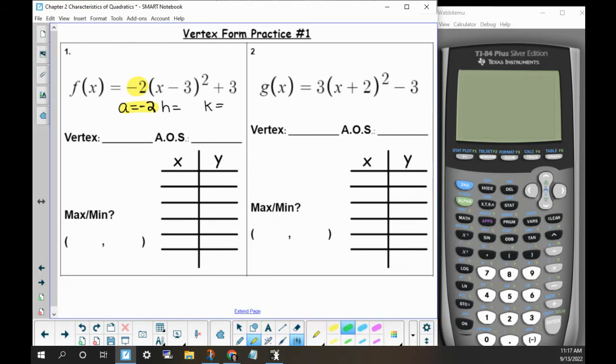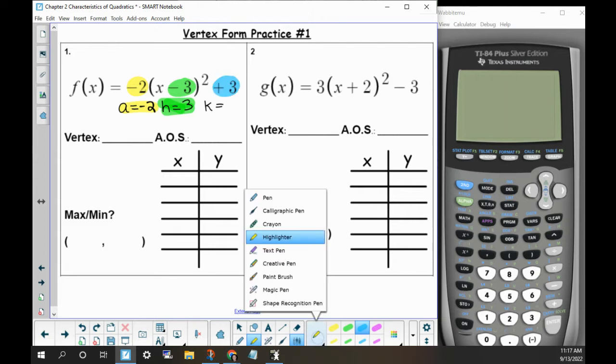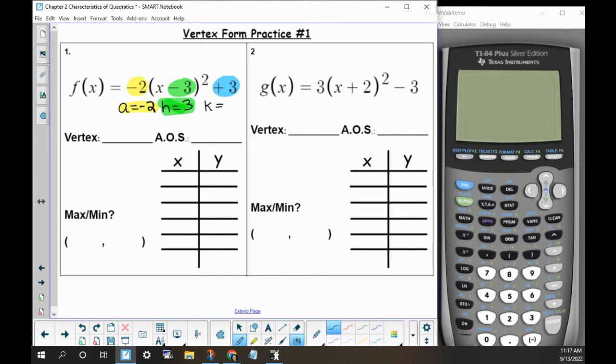What's my H? 3. Why is it 3, not negative 3? Gotta flip it. All right, and then my K is what? 3. K is equal to 3.